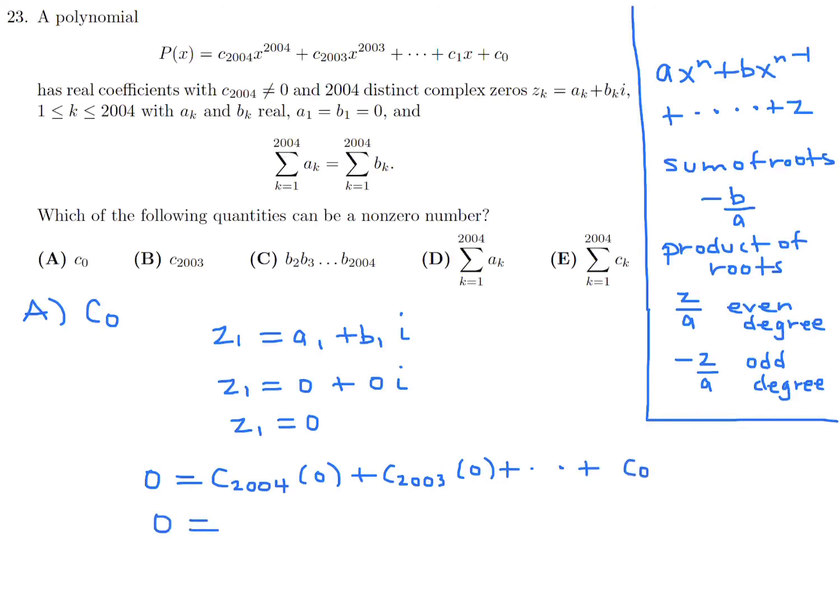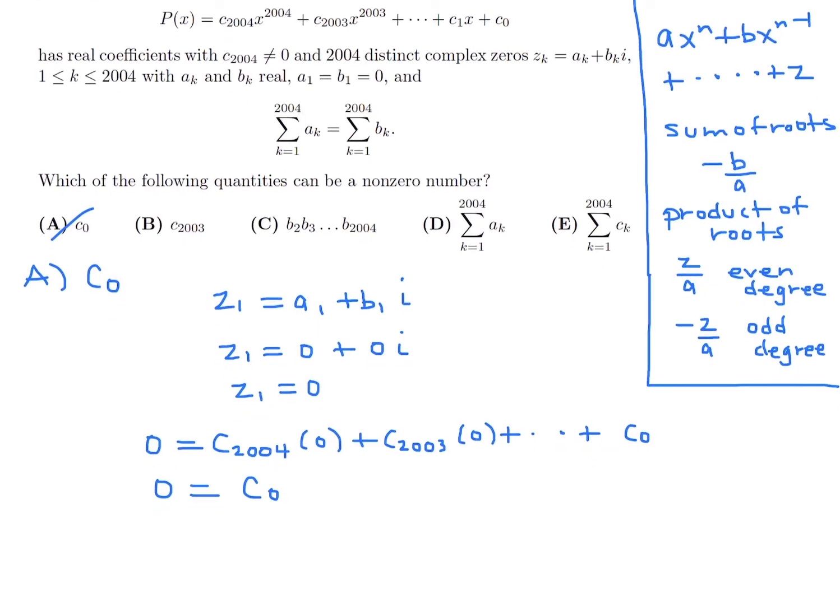And this all becomes zeros, and you're just left with c0 is equal to 0. Well, that means c0 is 0. It's not non-zero. So c0 cannot be a non-zero number. All right, in a very similar way, let's move on to B. c 2003.